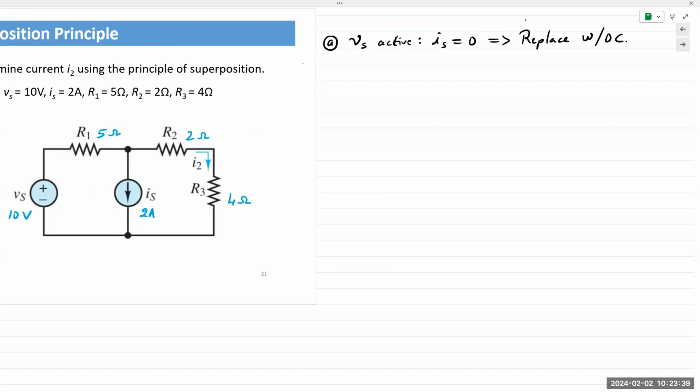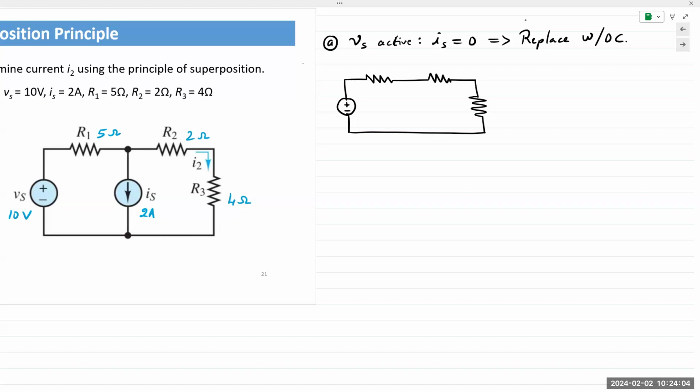So we redraw the same circuit. This time with only Vs. And then Is is, of course, open circuit.